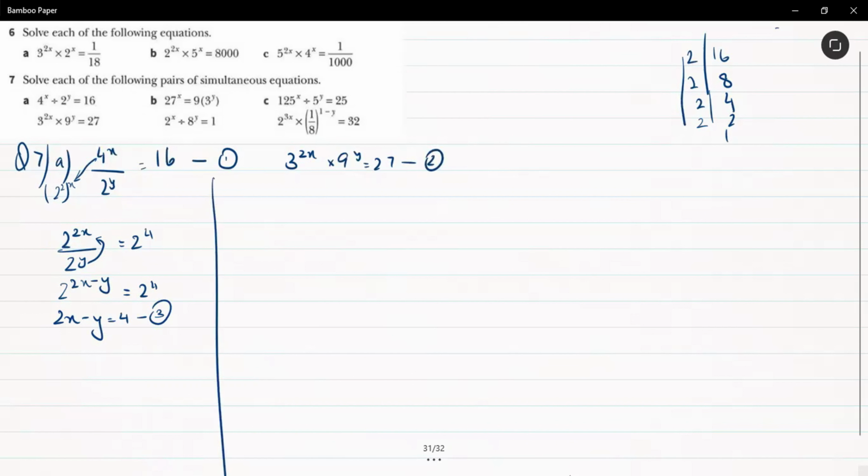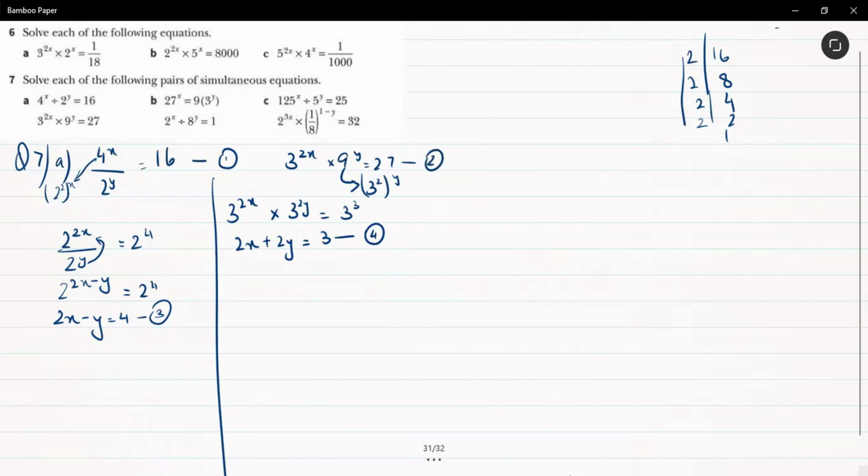Okay. Now the second equation is 3 raised to power 2x multiplied by, again, 3 raised to power 2y, because 9 to the power y is equal to 3 squared raised to the power y. So 3 to the power 2y is equal to, what's 27? 3 cubed. So we will get 2x plus 2y is equal to 3. Now this is equation number 4.